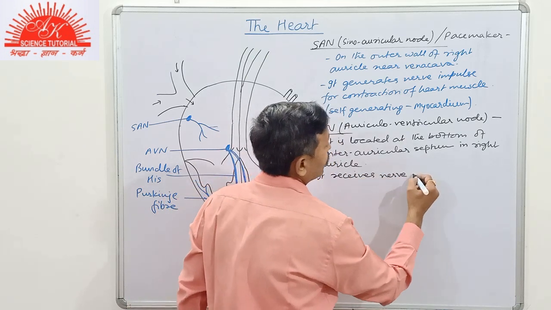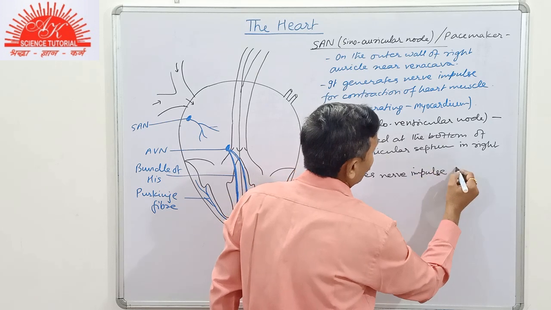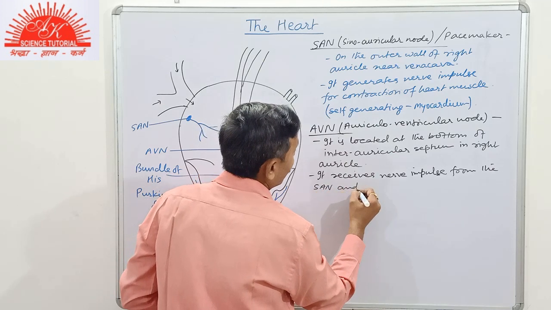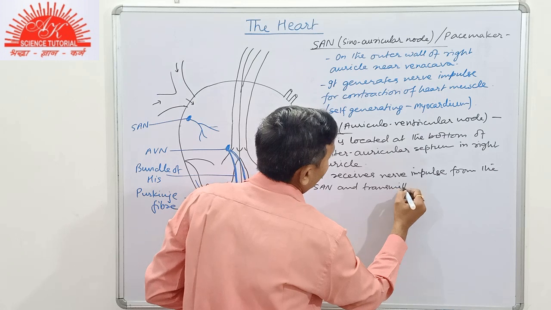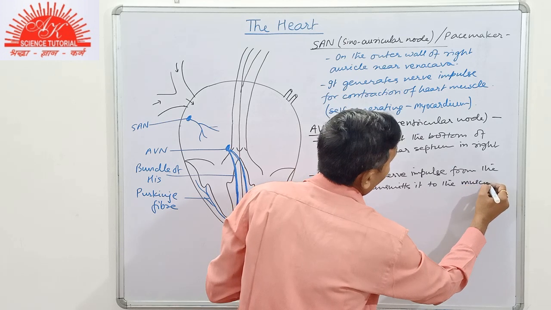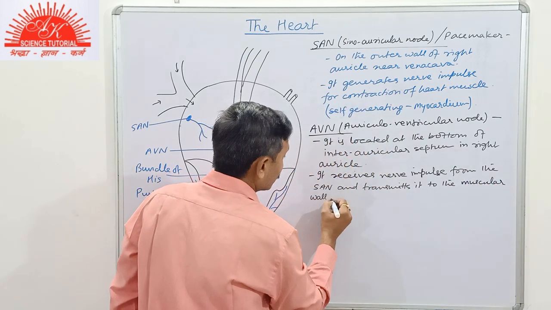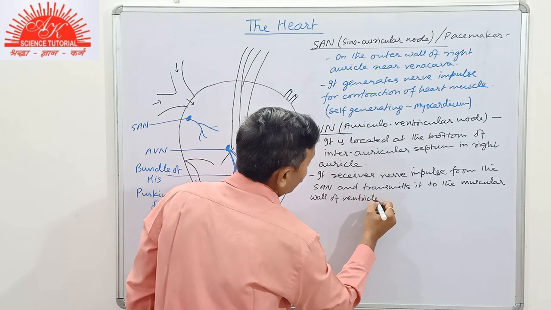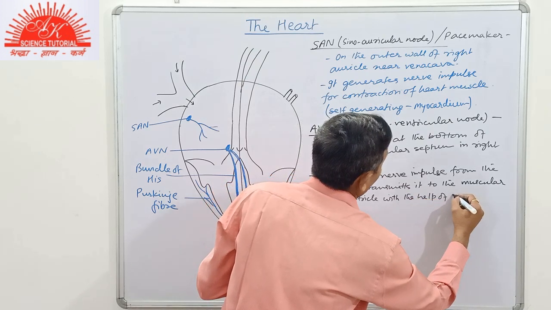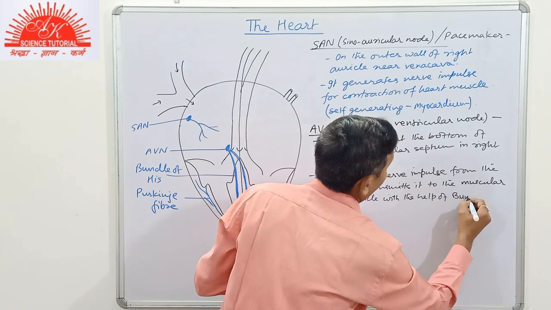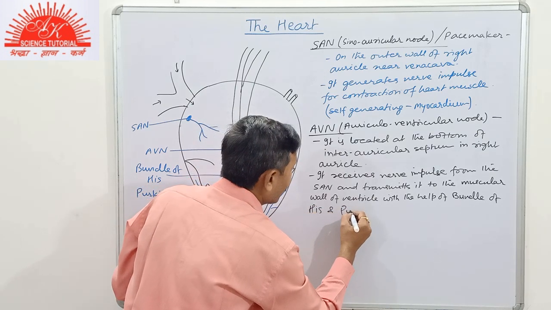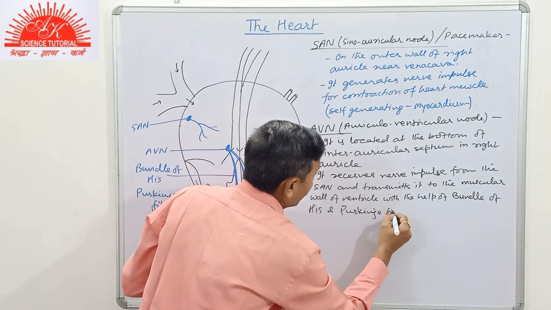Now it receives nerve impulse from the SAN and transmits it to the muscles of ventricle, muscular wall of ventricle, with the help of bundle of His and Purkinje fiber.